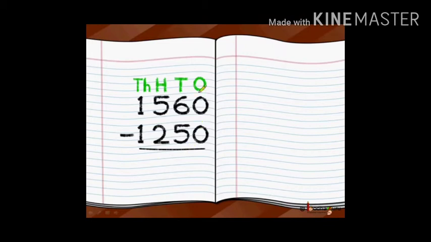Otherwise the steps remain the same as you do in 3-digit subtraction sums. You start from the ones position and then move leftwards. Ones to tens, tens to hundreds, and as you see, hundreds to thousands.